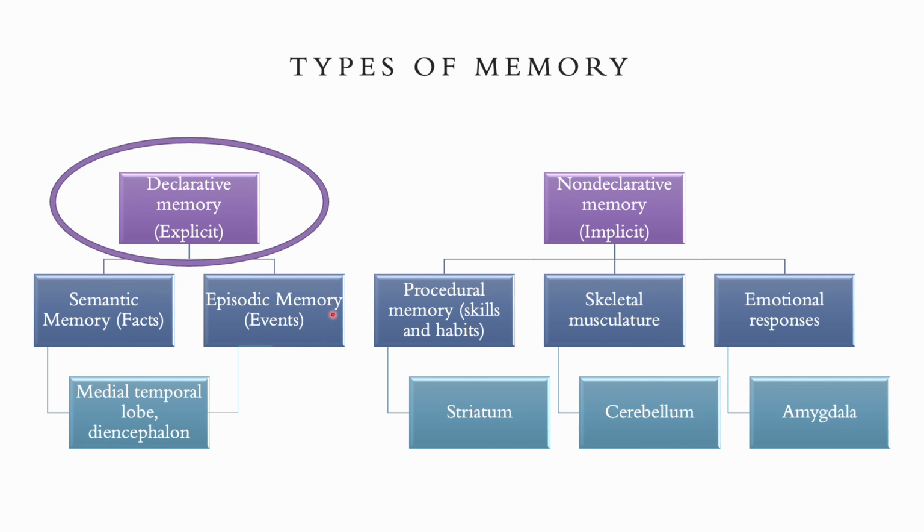And episodic memories are events such as your wedding day. These are largely regulated in the medial temporal lobe. If you remember, the hippocampus sits in the medial temporal lobe as well as the amygdala, and the diencephalon, which is known as the thalamus in the fully grown adult brain.